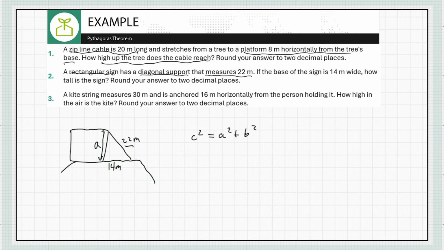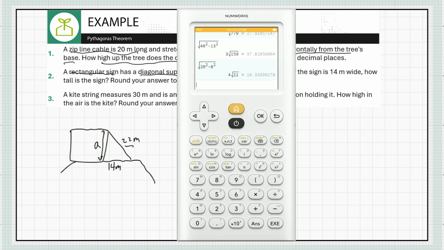C is our diagonal, so it's going to be 22 squared is equal to a squared plus 14 squared. And that means that a squared is equal to 22 squared minus 14 squared. So a is equal to the square root of 22 squared minus 14 squared. So let's just put that into a calculator. 22 squared minus 14 squared.